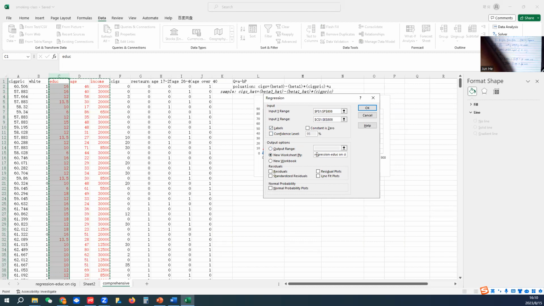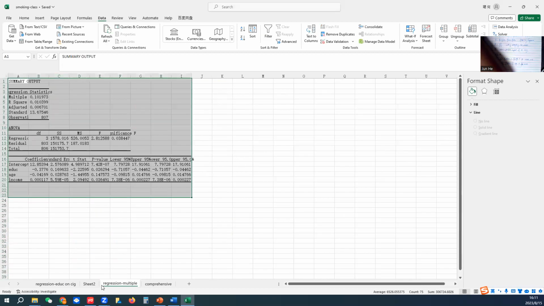And we are to go with a new worksheet, which is regression multiple, meaning multiple independent variables are included. Okay, regression multiple. That's exactly here.